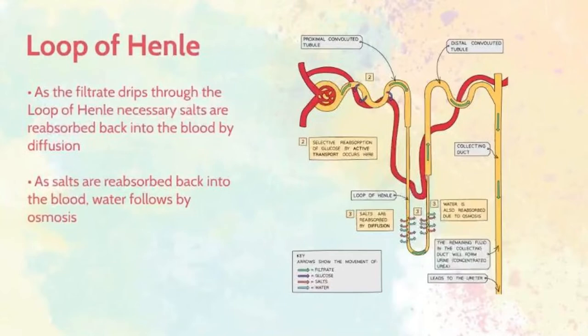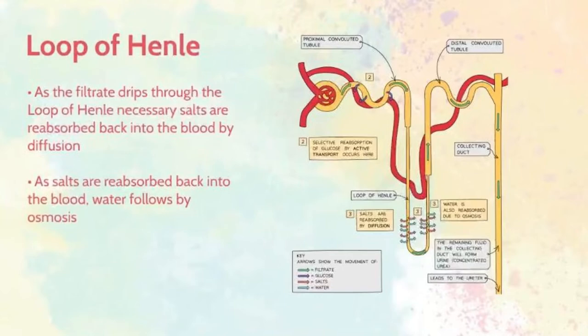The ascending limb is impermeable to water, and therefore this means that water only moves out of the descending limb by osmosis into the area of low water potential. The water then enters the blood capillaries in this region by osmosis. So at the hairpin of the loop, the water potential is at its lowest, so the difference is the smallest, where sodium ions are naturally diffusing out.